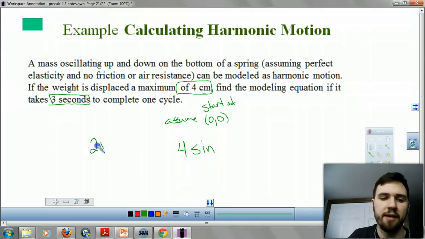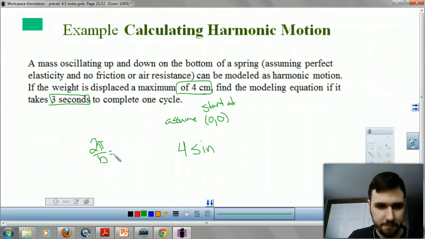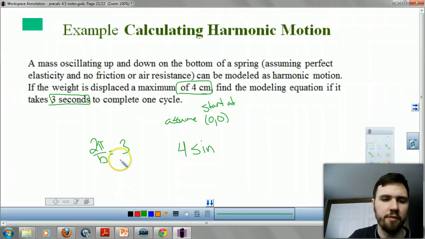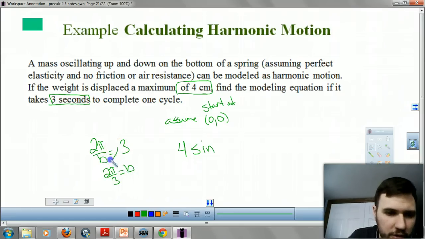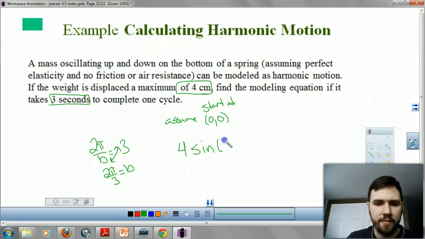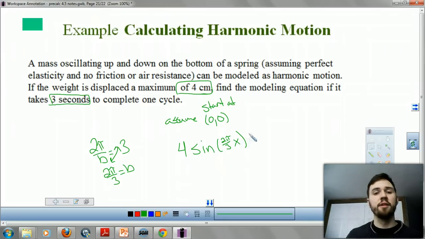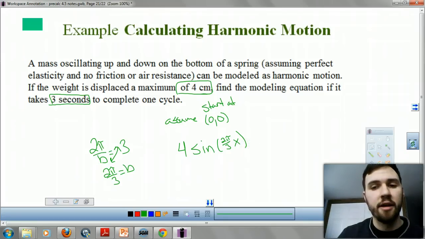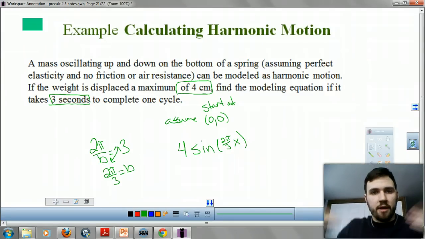So I do my 2 pi over b equals 3. And when I solve, I get 2 pi over 3 equals b. Remember, you can just switch those around. So you do 4 sine of 2 pi over 3 x is our equation for that harmonic oscillator, and we're done. Enjoy!